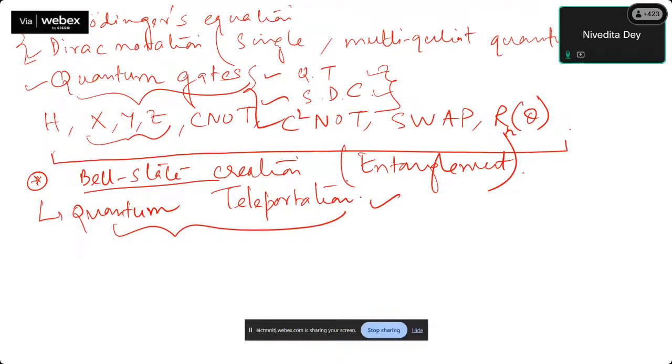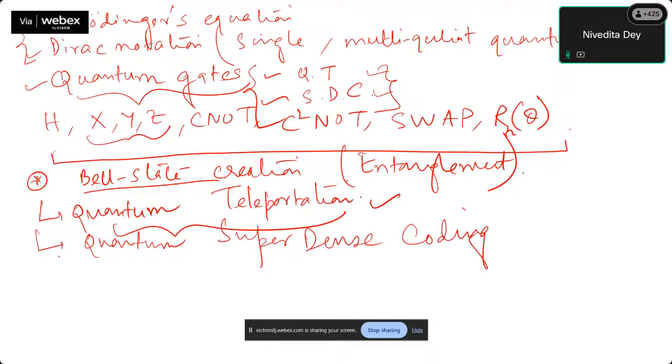This is the first point. The second point is quantum super dense coding.